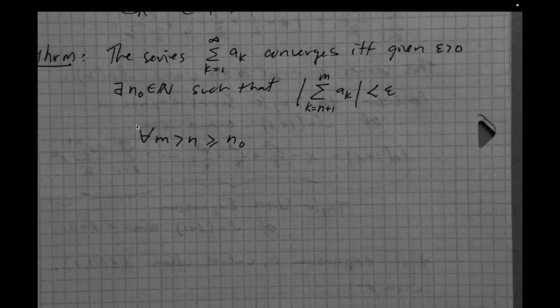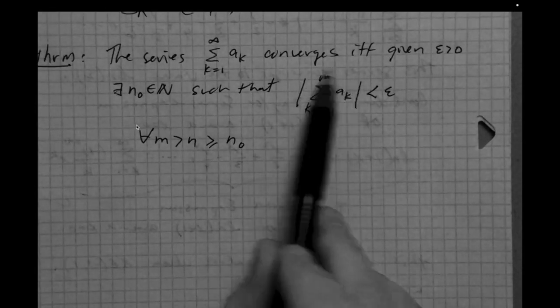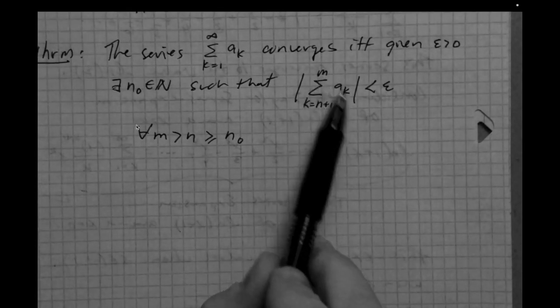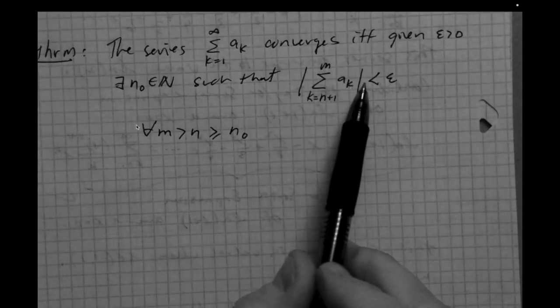Right? So the series converges if and only if, for all epsilon greater than 0, there exists some natural number such that when I go out into the sequence, the absolute value of the partial sum from n plus 1 to m is less than the given epsilon. So i.e. arbitrarily small, right?